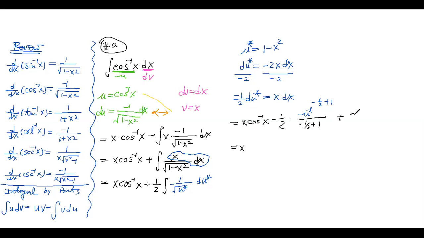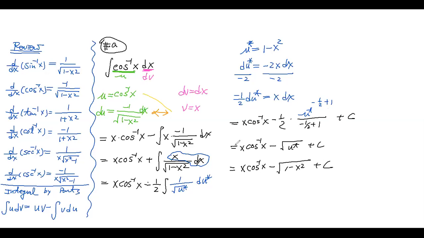Of course, don't forget the capital C. So this one will just be the square root of u star, right? Don't forget C. So what is my u star? 1 minus x squared. So this is x arc cosine x, minus the square root of 1 minus x squared, plus C here.